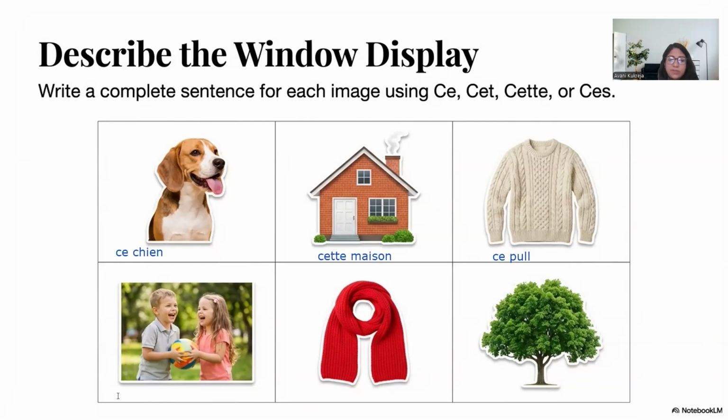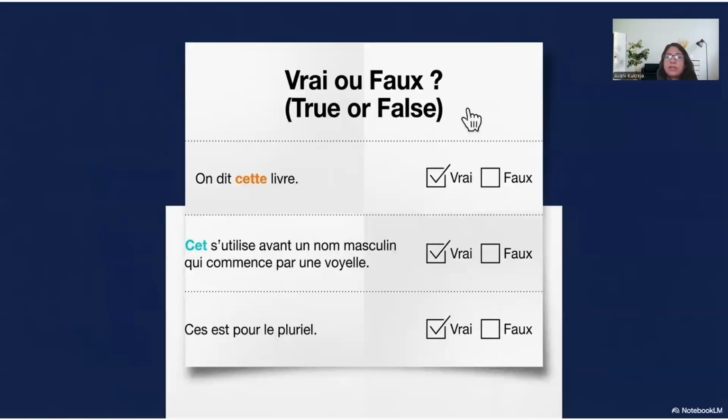Ces enfants. This scarf? Cette écharpe. And this tree would be? Cet arbre. Excellent. I hope it's clear, everyone. Basis this, you can create more sentences.